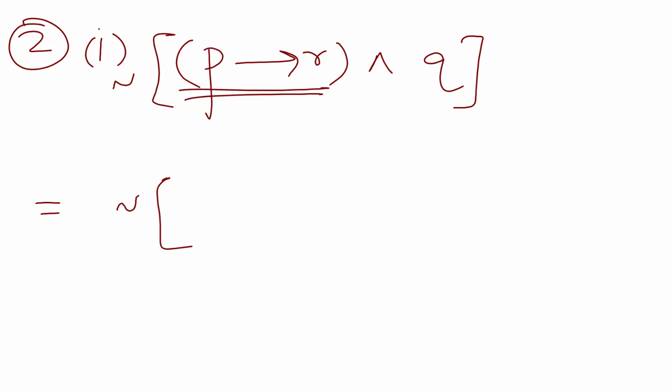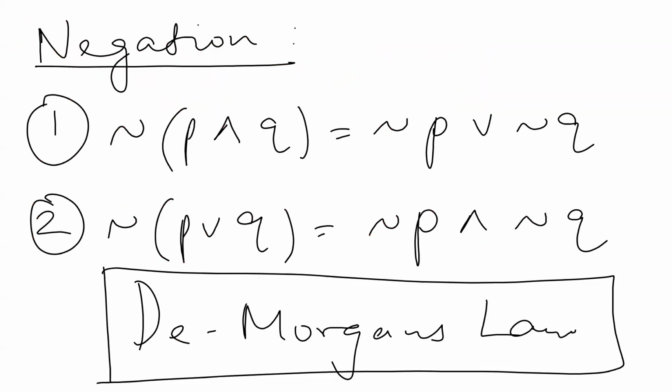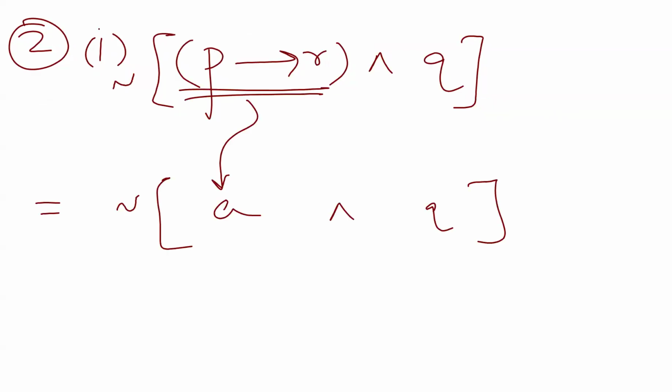So let this be A. I'm renaming it. Let this be A. Now negation of and changes to or, negation to both.